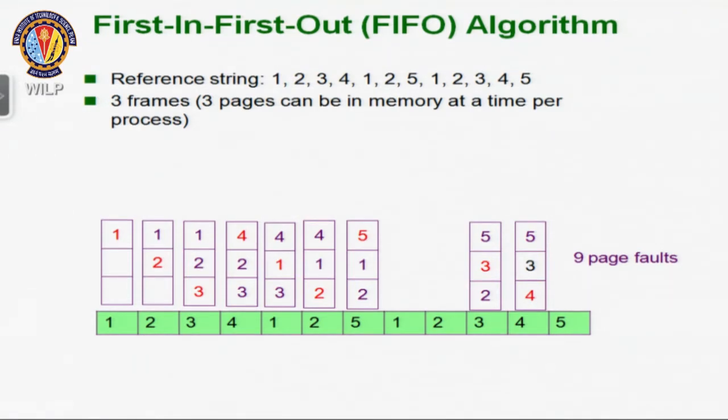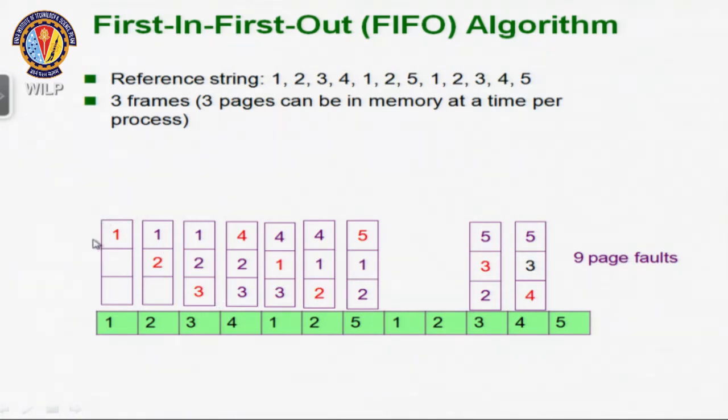When the first reference, that is 1, is generated, the first frame gets fetched from the hard disk and filled. Then 2 is referenced, so the second frame is brought in. Now the third reference 3 is encountered, so the third frame is brought in.